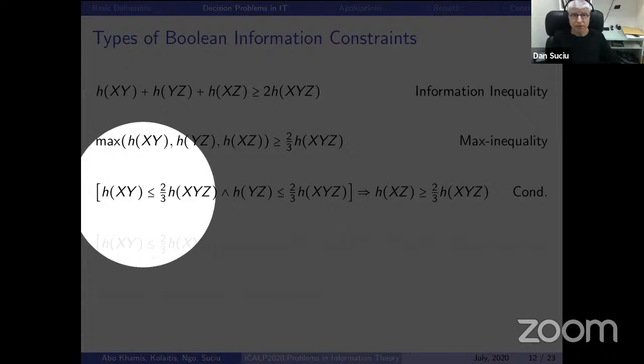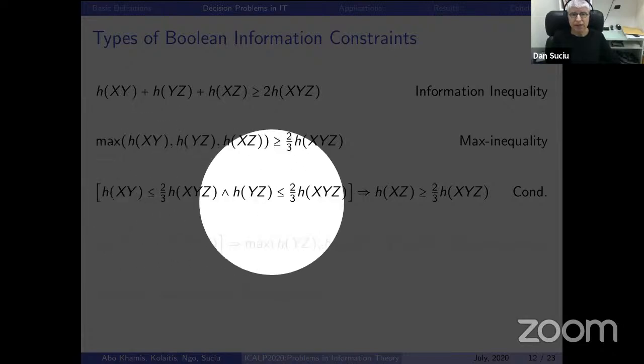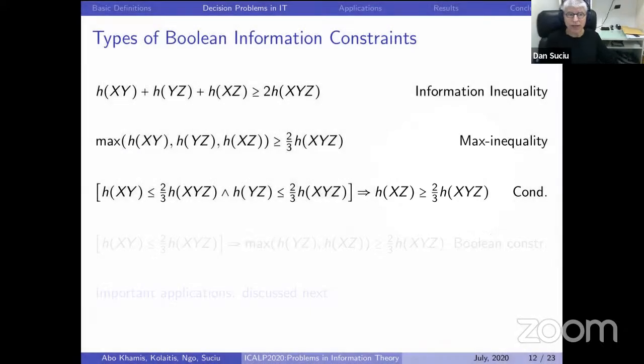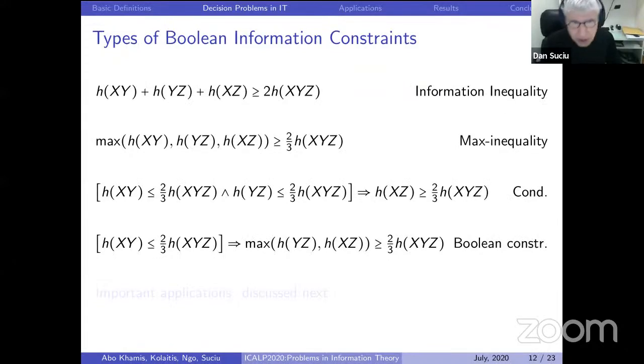This states that if these inequalities hold on the left, then this inequality holds on the right as well. These have major applications to the implication problem of conditional independencies, which have been studied in graphical probabilistic models for over 30 years. Again, it's not known whether the implication problem is decidable. And finally, you can generalize it to arbitrary constraints.